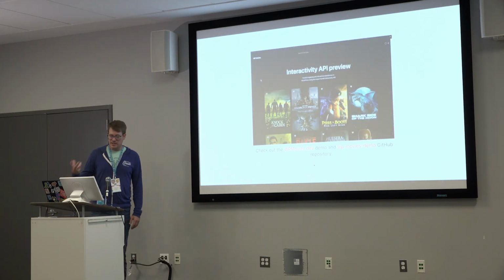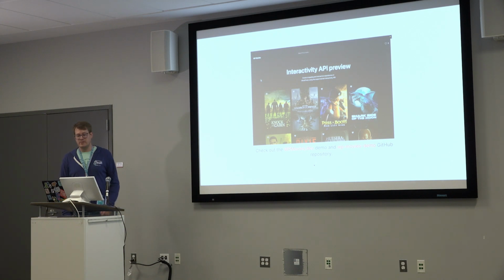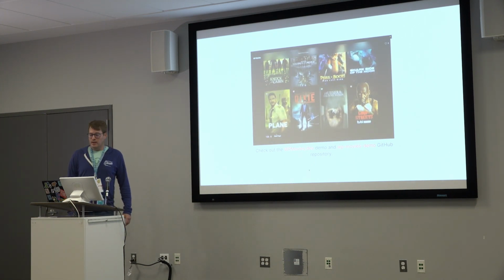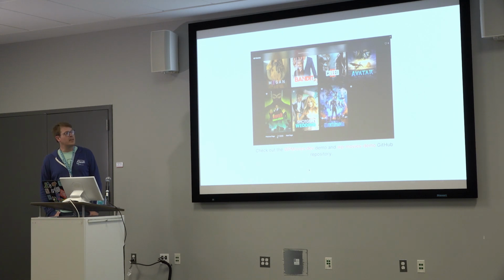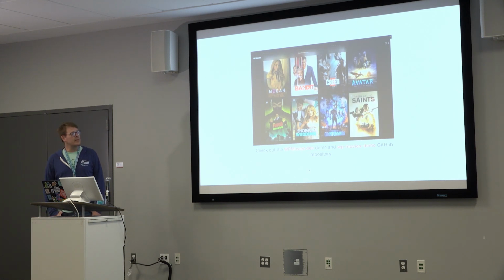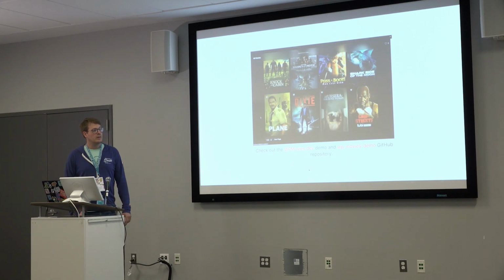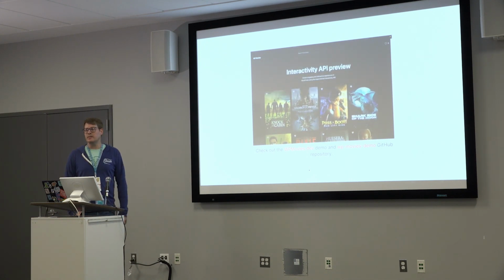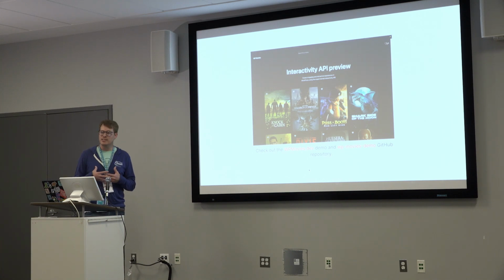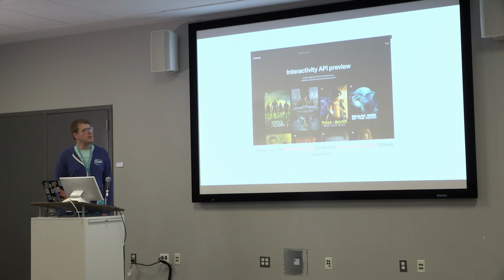Another flagship example when the Interactivity API was announced is wpmovies.dev. This is a great example, and there's a code base link at the bottom here where they've been consistently updating the code because as the Interactivity API matures, there's a lot of changes. They've been pretty consistent about updating the code base to pull in the latest changes.